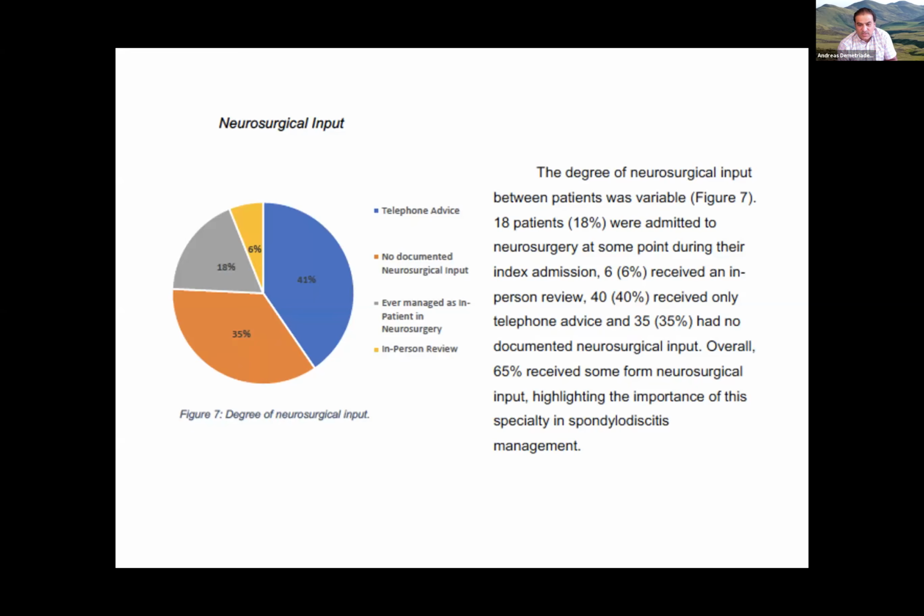Only 18 patients were admitted to neurosurgery at some point. 6% had an in-person assessment, 40% telephone advice, 35% no documented neurosurgical input. Overall, 65% had some form of neurosurgery input, which also means that 35% of cases went ahead without us knowing of their status.